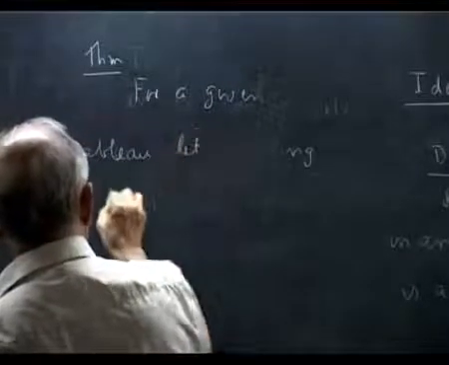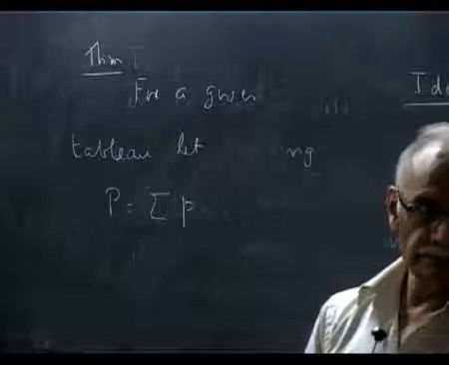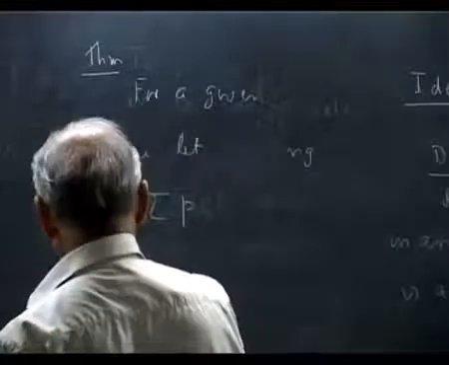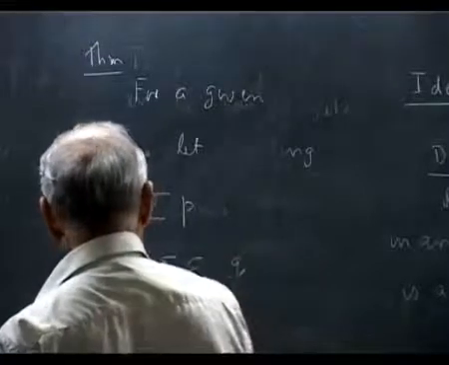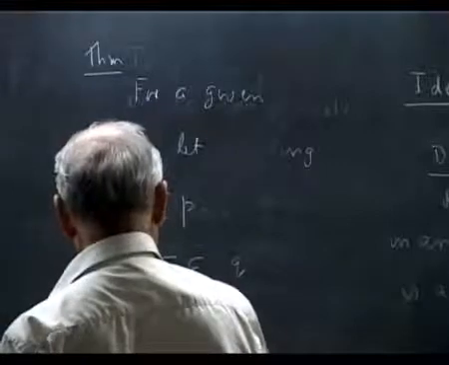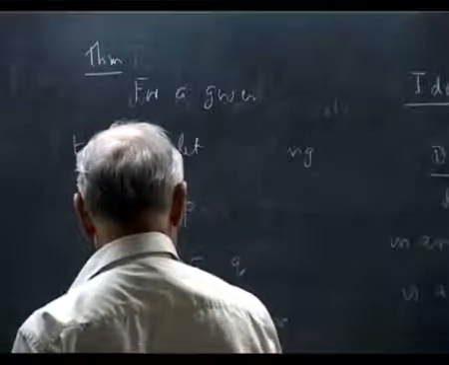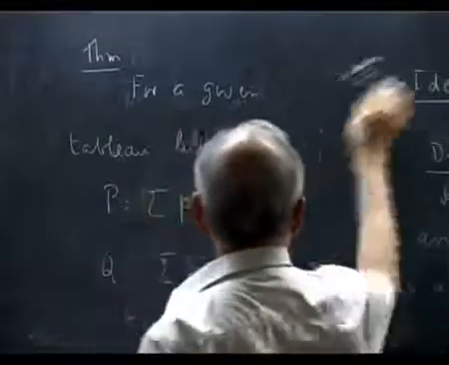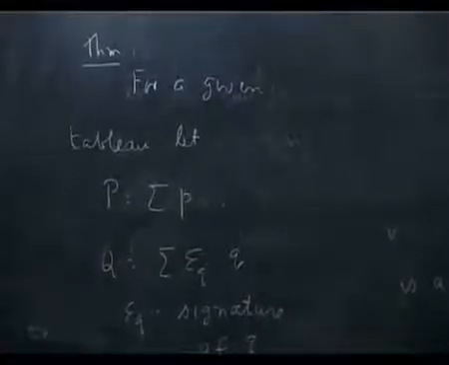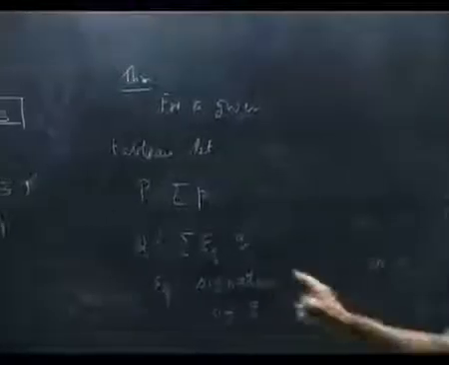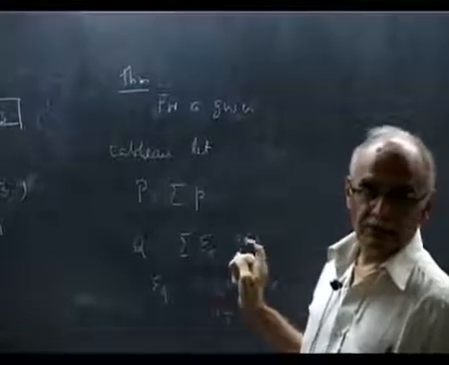For a given tableau, let P be the summation over all horizontal ones, and Q be the summation of epsilon Q times Q, where epsilon Q is equal to the signature of Q. Q is a permutation, so it is even or odd, so it is minus 1 or plus 1.